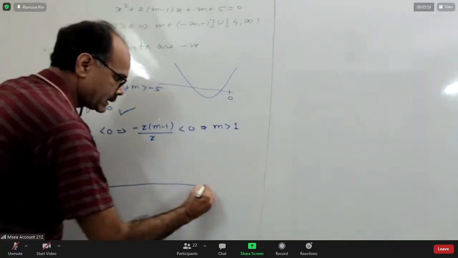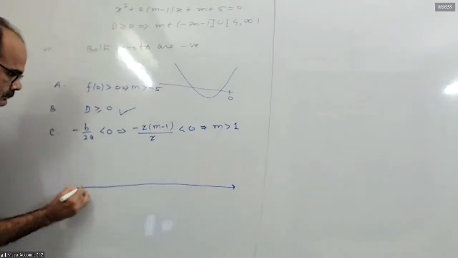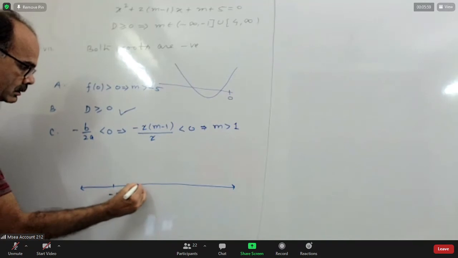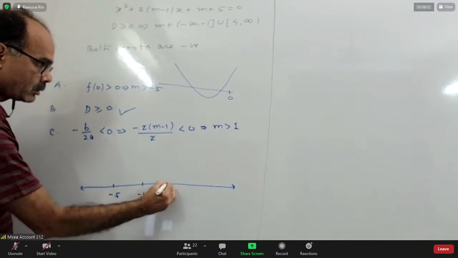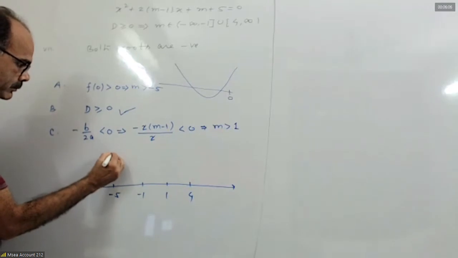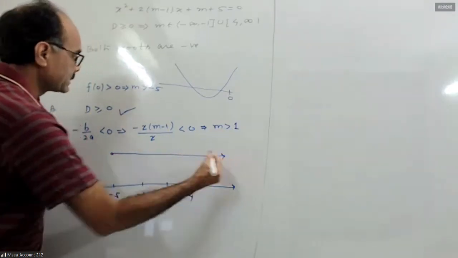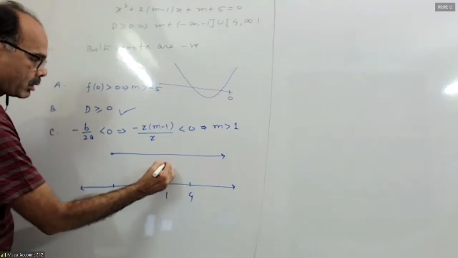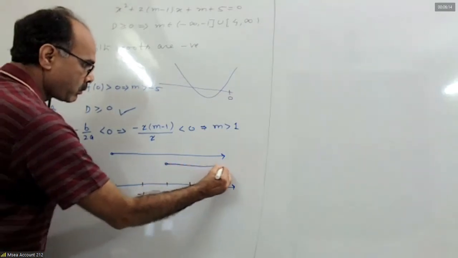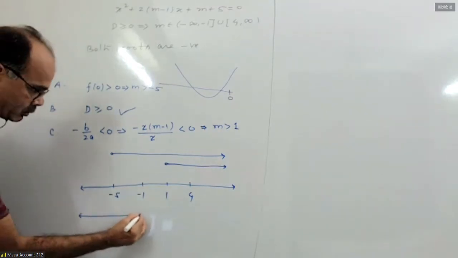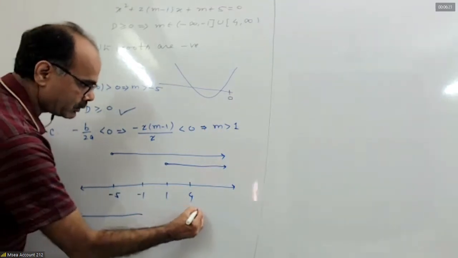Anyway, I'm drawing that real line. Minus 5, minus 1, 1, 4. First set greater than minus 5. Second set greater than 1. Third set minus infinity to minus 1 closed, union 4 to infinity.